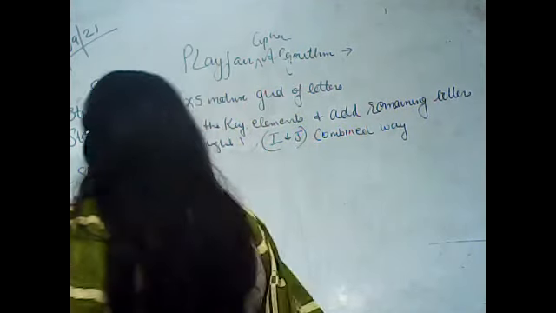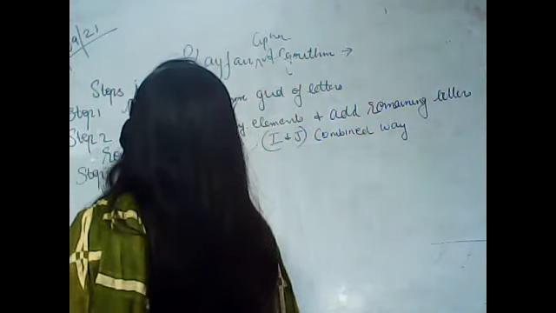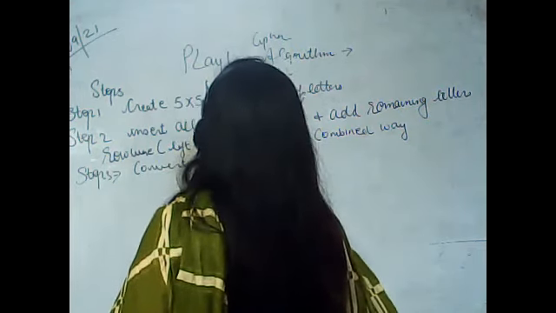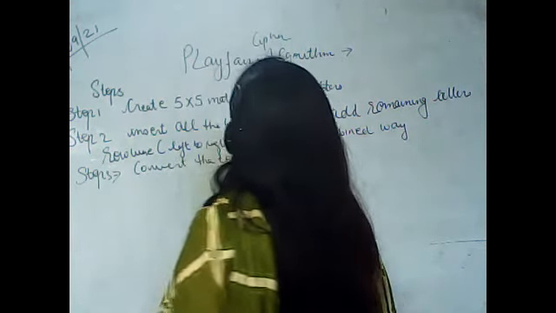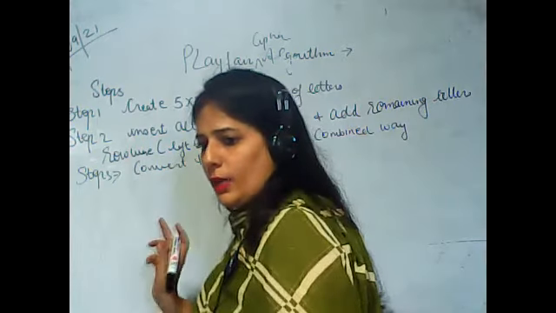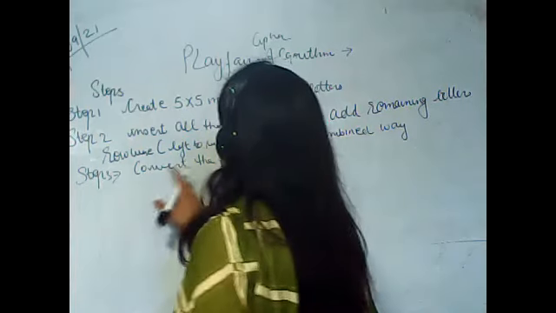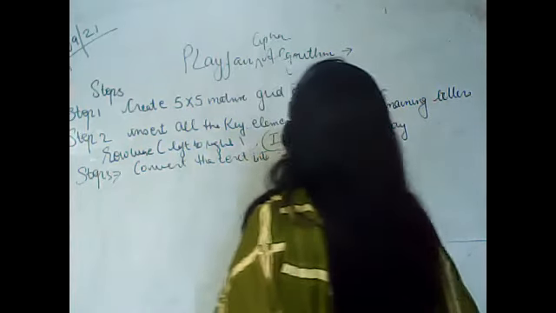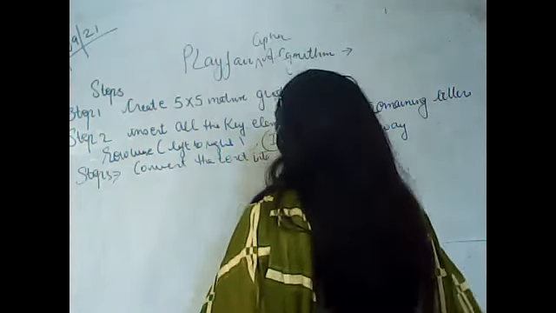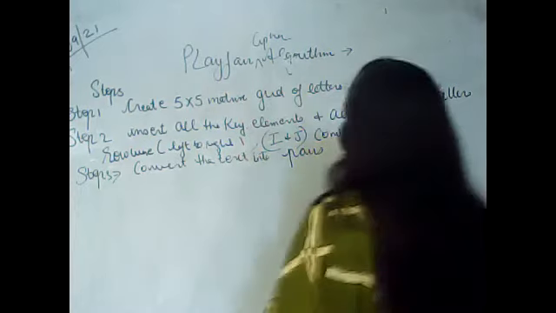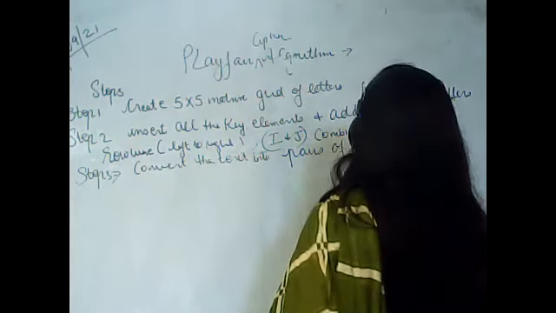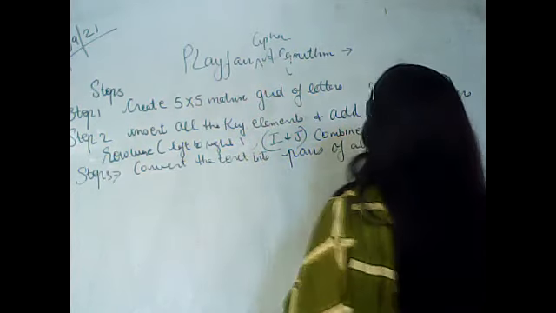So next thing, the third step, is that we will convert the plain text into pairs, pairs of alphabets. Okay.